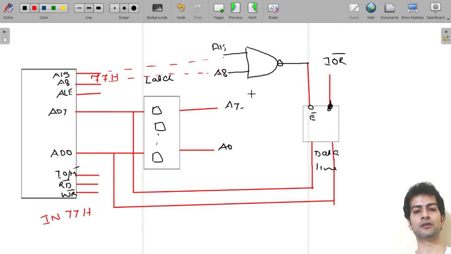So for dealing with input output devices, the manufacturer has two ways: they can either use the higher order address line, in which the latch gets bypassed, or the lower order address line, in which the latch is included. So this is another important concept of peripheral mapped input output, which you should keep in mind.